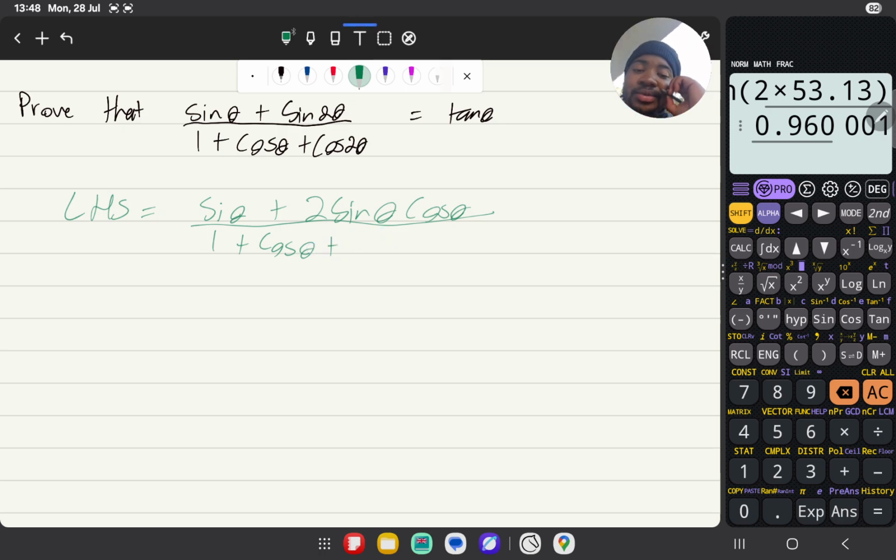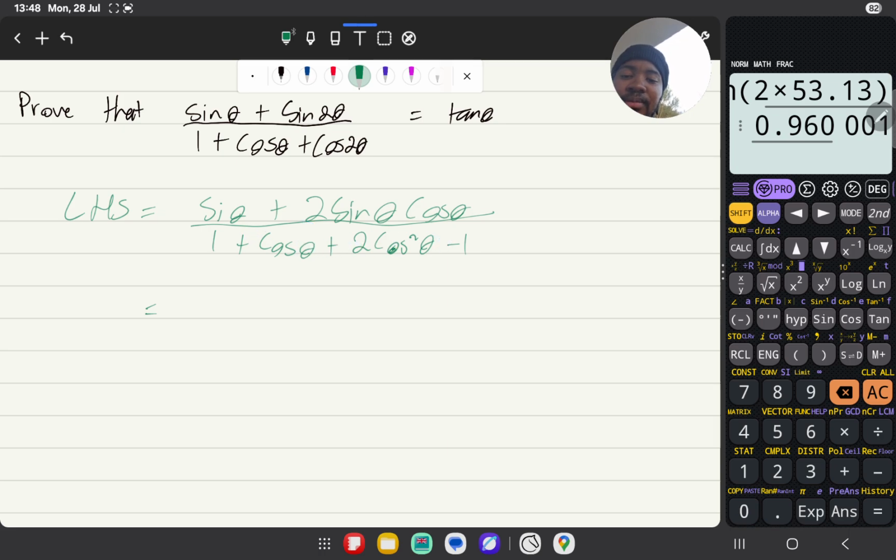Right, now it's a question of what do you want to change this to. Because I have a cos here, I will change it into the one with a cos. So it's going to be 2 cos squared theta minus 1. Right, let's see.